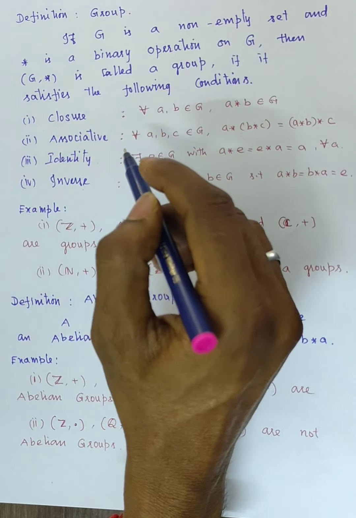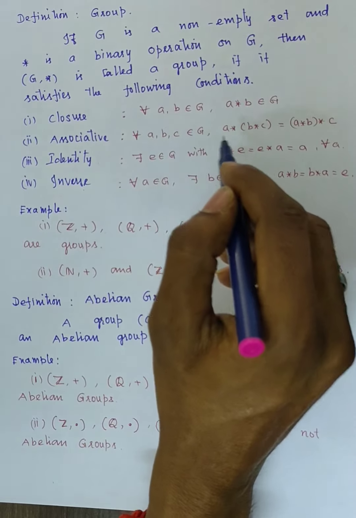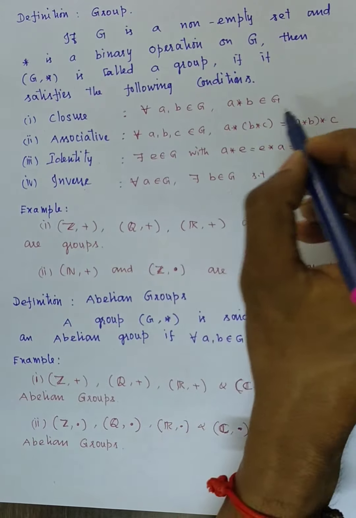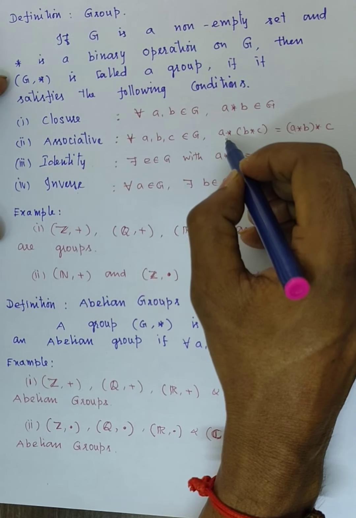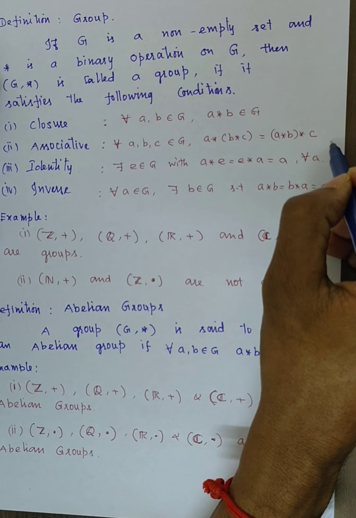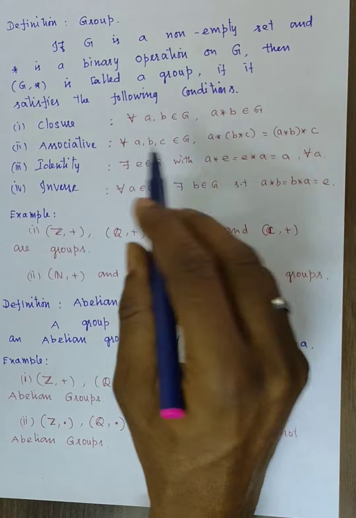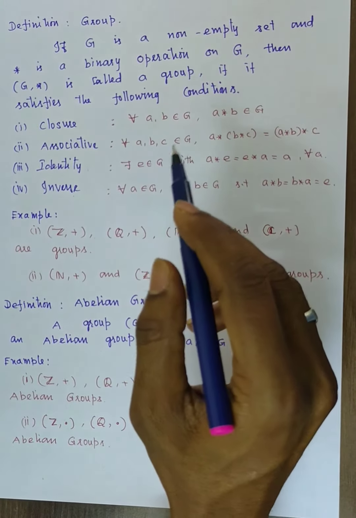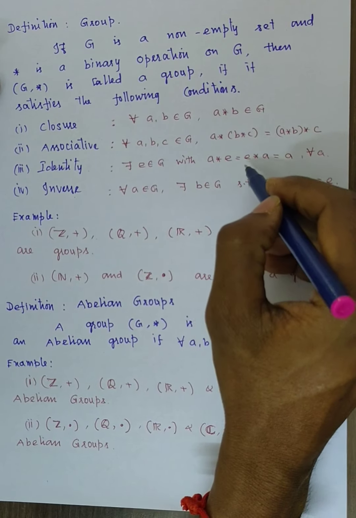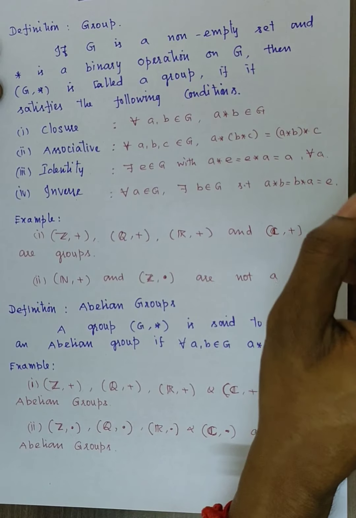And then associative. Associative means we pick three elements in that set. Any three elements must satisfy the condition, not just particular elements. For any three elements in G, that is, (a star b) star c is equal to a star (b star c). Then identity. Identity means in that group there exists an element E, such that a star E equals E star a equals a for all a.